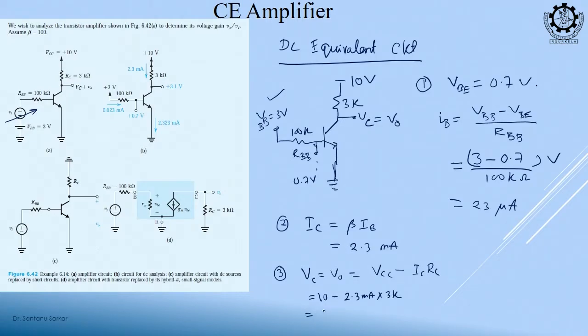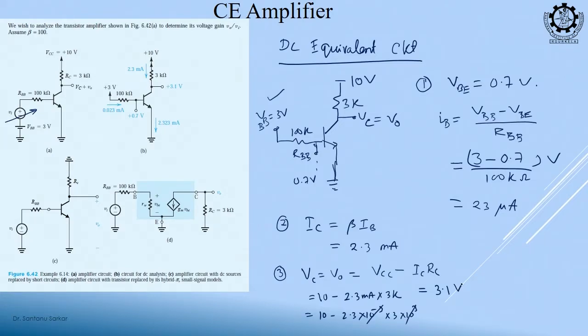See what is happening: 10 minus 2.3 into 10 to the power minus 3 ampere, and K means 3 into 10 to the power 3. So, these two terms get cancelled. These small things you can take care of. So, what is the value? 3.1.